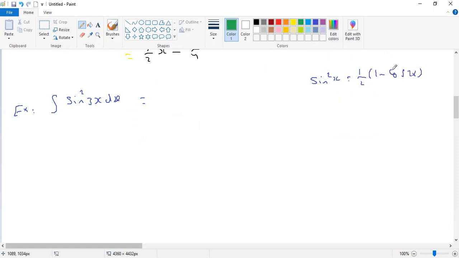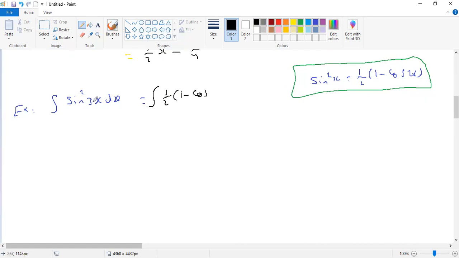This identity is the half angle formula, derived from the double angle cosine formula. So the integral of half times 1 minus cosine of 3x times 2, which is 6x, dx. Why 6? Because in cosine 2x I multiply the 2 by the 3, so 3 times 2 will be 6. Clear why it is 6?